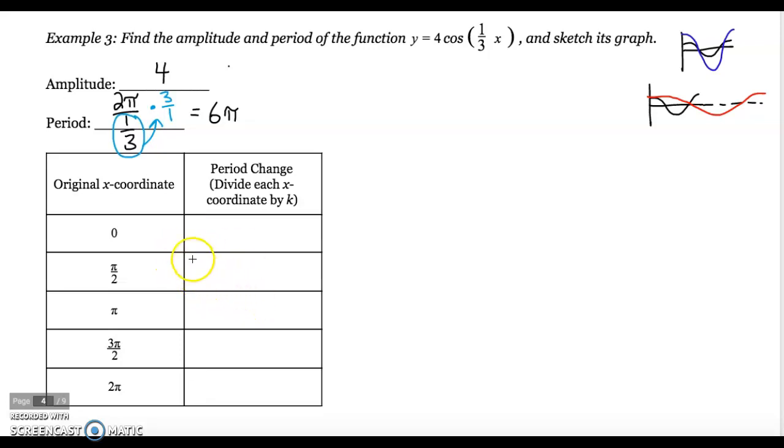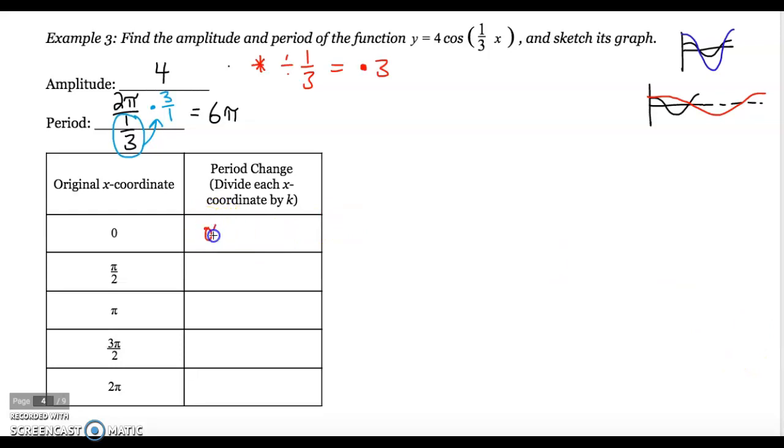So I'm going to make myself a little note and say dividing by 1/3 is the same as multiplying by 3. Because that's what I did here, right? I divided by 1/3, or I multiplied by 3. So instead of doing a lot of flipping and multiplying with each one, I'm just going to multiply them all by 3.